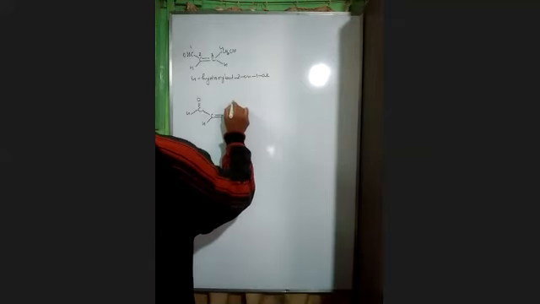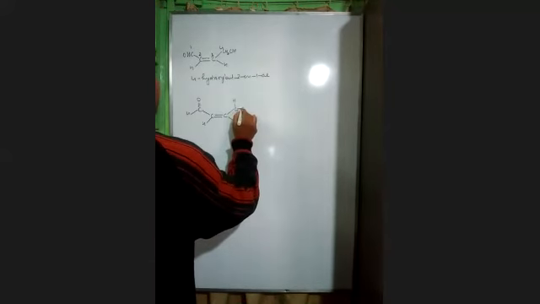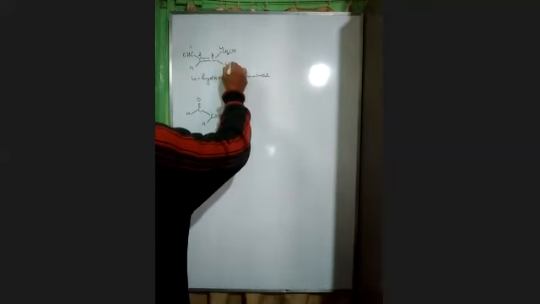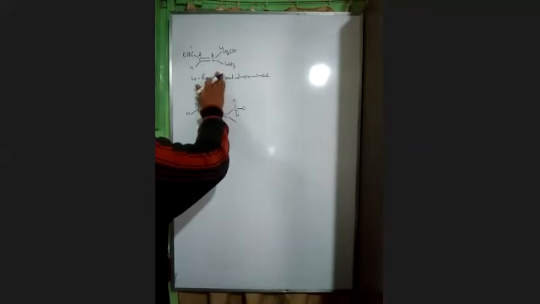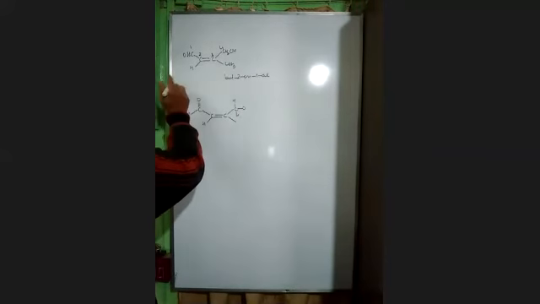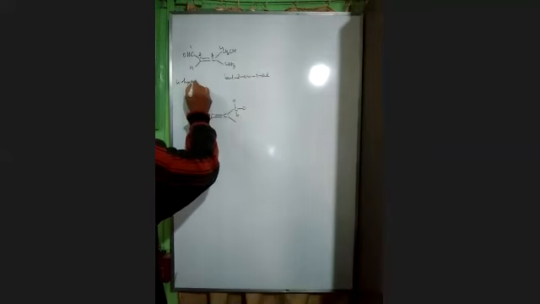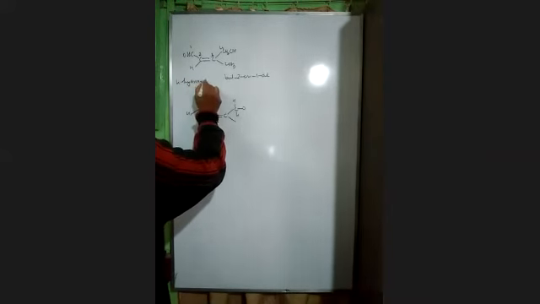I'll write it like this. Okay. I'll do some change here. Okay. So what should I write here? I write it here like this. 4-hydroxy-3, please change it, 3-methylbut-2-en-1-al.